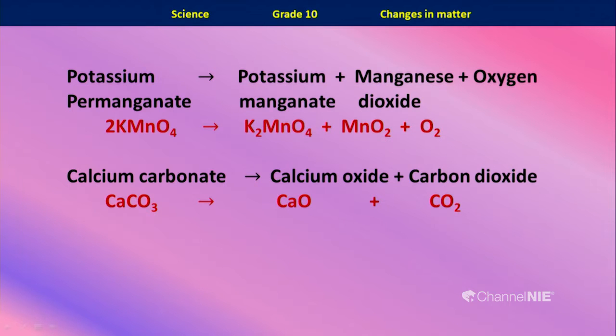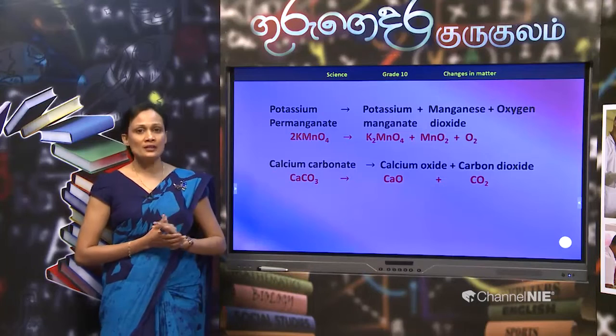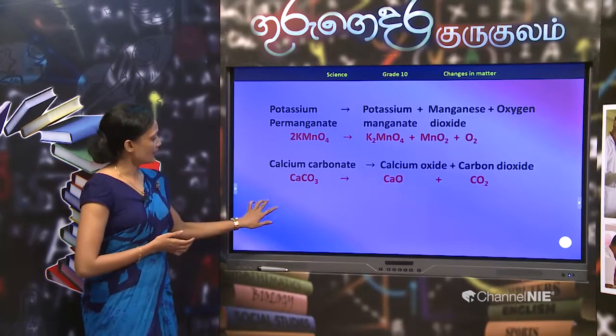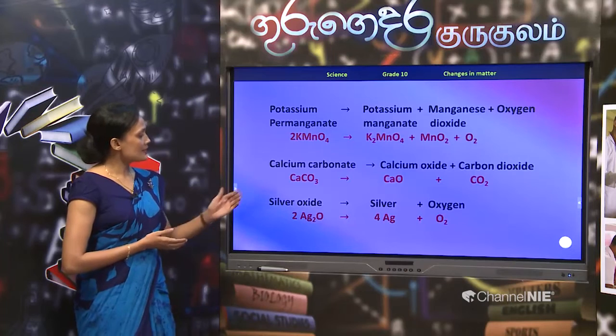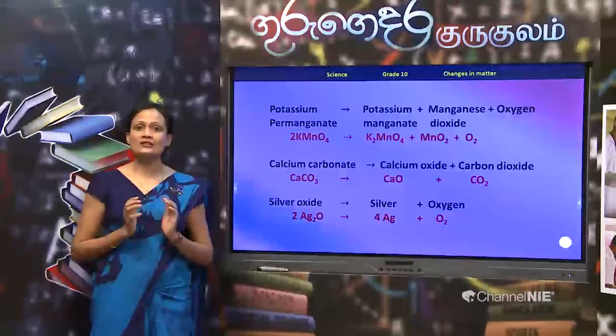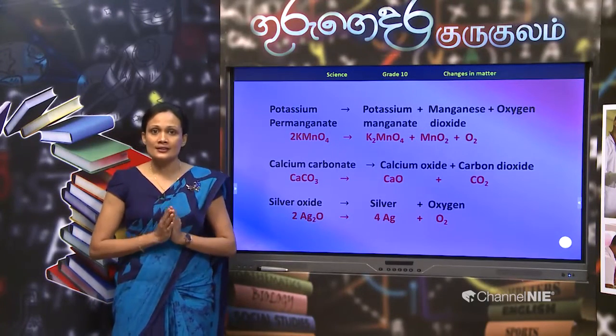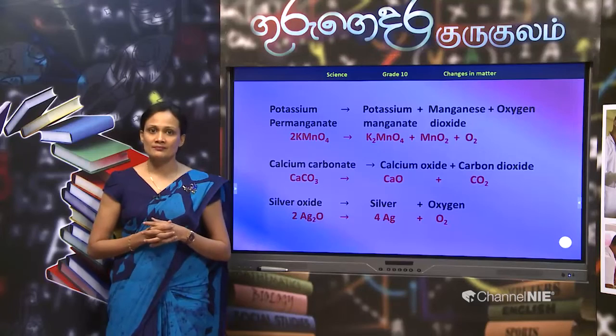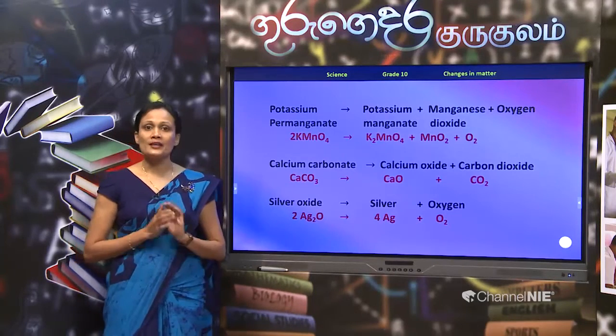Here also a single reactant converted into a number of products. Okay, look at this example. Silver oxide. When heating silver oxide, it forms silver and oxygen gas. Here also a single reactant converted into a number of products. That's why we know in decomposition reactions, a single reactant is converted into a number of products. For these reactions also, we can make a common formula. Okay, look at this slide.